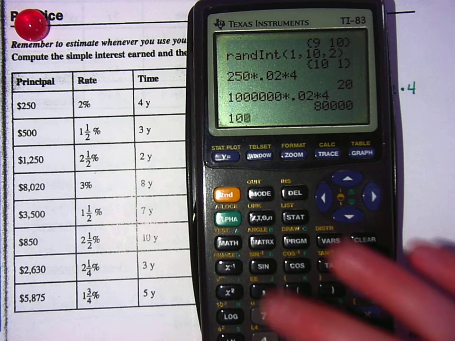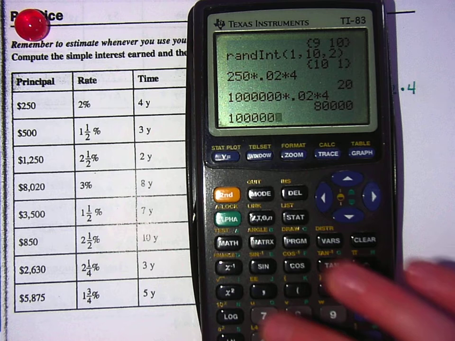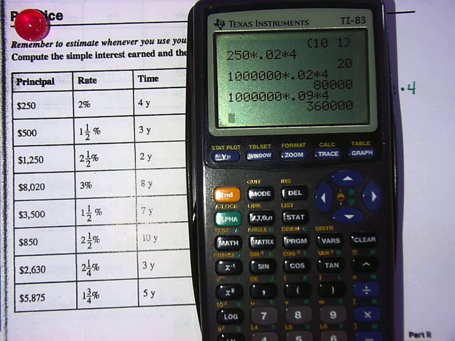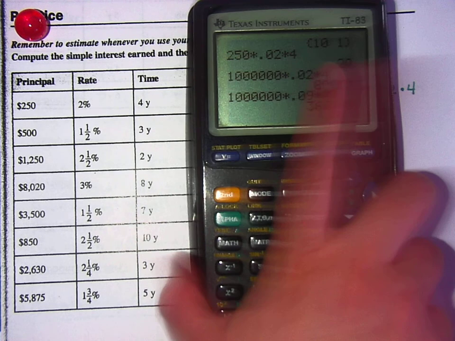So instead of getting 2%, let's say I'm getting 9% for 4 years. And now I've made $360,000 by doing nothing. Once you have money, that's one problem with our society: once you have money, it is easy to keep money. And when you don't have money, it's hard to get it. You have a lot of advantages if you start out with a lot of money.